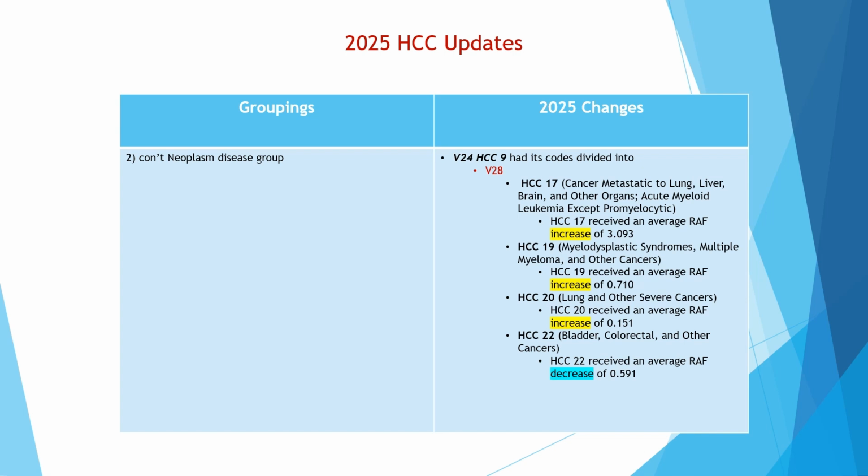HCC 19, myelodysplastic syndromes, multiple myeloma, and other cancers, received an average RAF increase of 0.710. HCC 20, lung and other severe cancers, received an average RAF increase of 0.151. HCC 22, bladder, colorectal, and other cancers, received an average RAF decrease of 0.591.